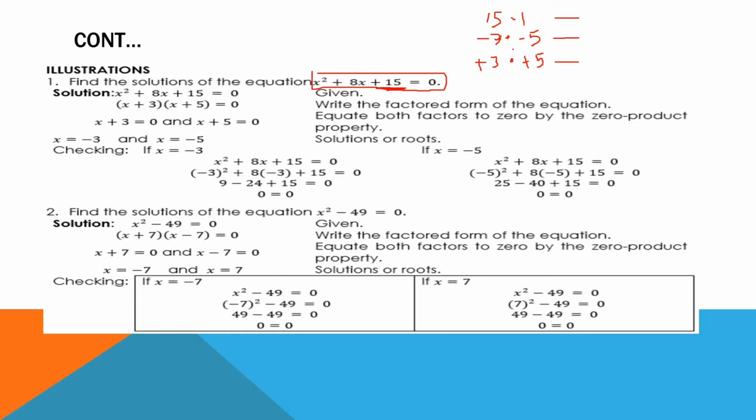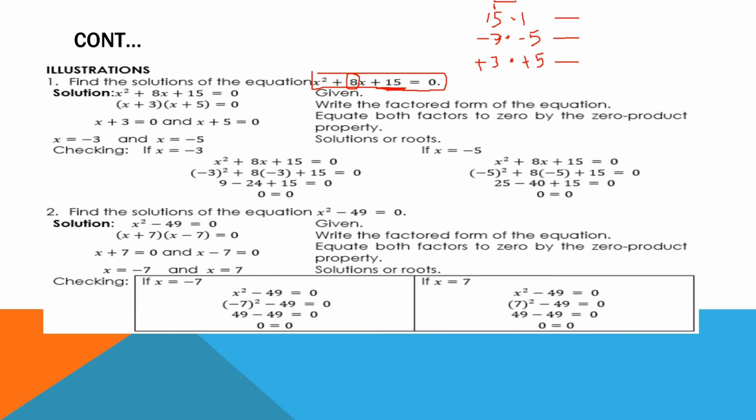So after natin ma-multiply, if we multiply these factors, dapat constant yung sagot. And then, malalaman lang natin kung siya yung factor na kukunin natin if pag inadd natin ang factors, ang magiging sagot ay yung real number b natin or yung 8 natin. So, let's try to add.